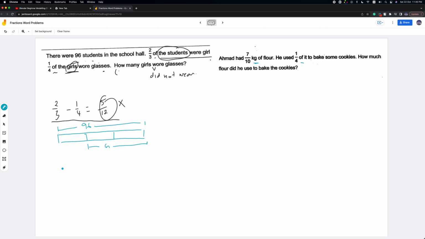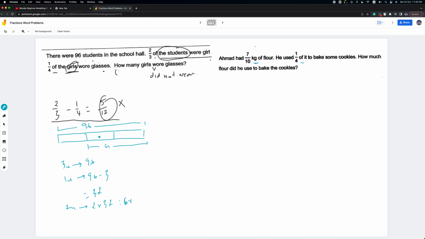So we find how many girls first. 3 units is 96. 1 unit, 96 divided by 3 equals 32. And girls are 2 units. 2 times 32 equals 64. So there are 64 girls.